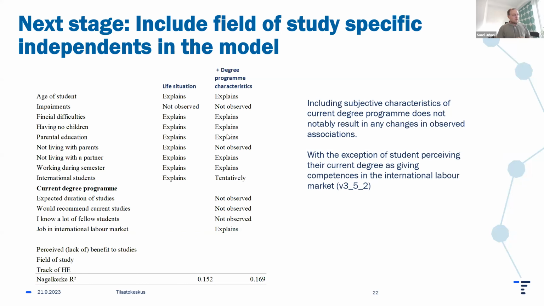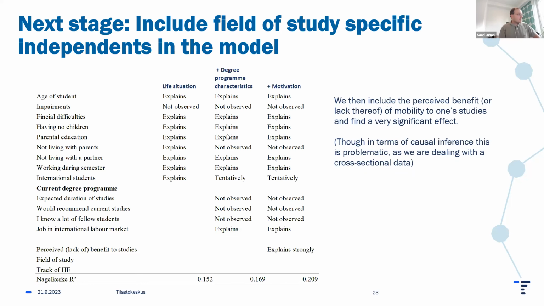So here the findings suggest that students studying in fields which they believe are going to facilitate their job seeking in the international labor market, should they choose to do so, also perceive more utility in international mobility than other students. So this factor is a clear go for the next round.